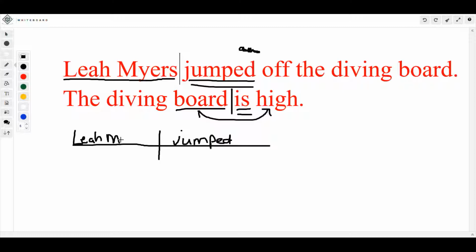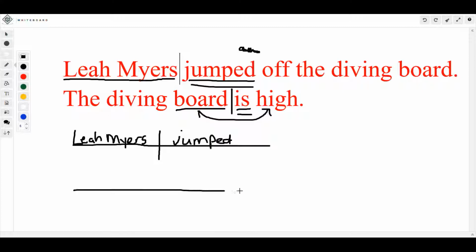There we are. We have diagrammed the subject and the verb of the first sentence. So the simple predicate is always written over here, and the simple subject is always written over here. And you always want to make sure that this line goes all the way through it, like that. It's very important. Now let's go ahead and do this one.